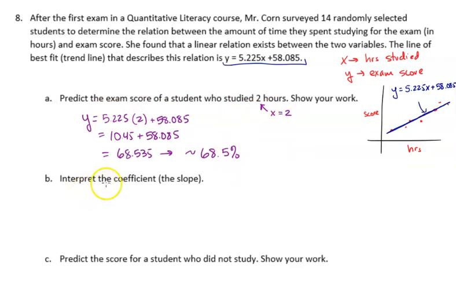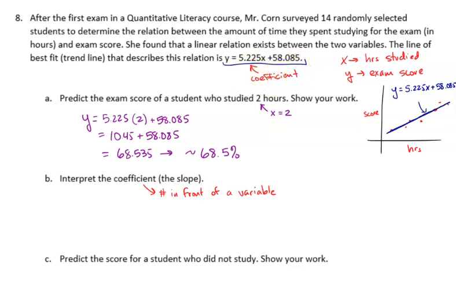The next question says, interpret the coefficient or the slope. Remember, coefficient is a number in front of a variable. That is the definition of what a coefficient is. So if we look at our function, y equals 5.225x plus 58.085, that 5.225, that is the coefficient.